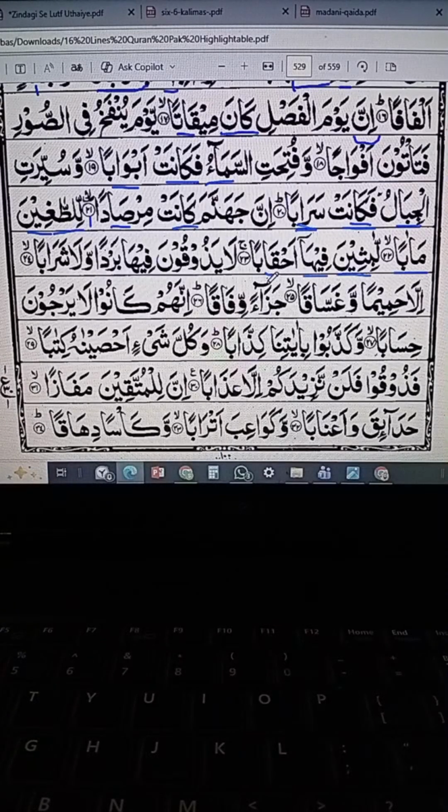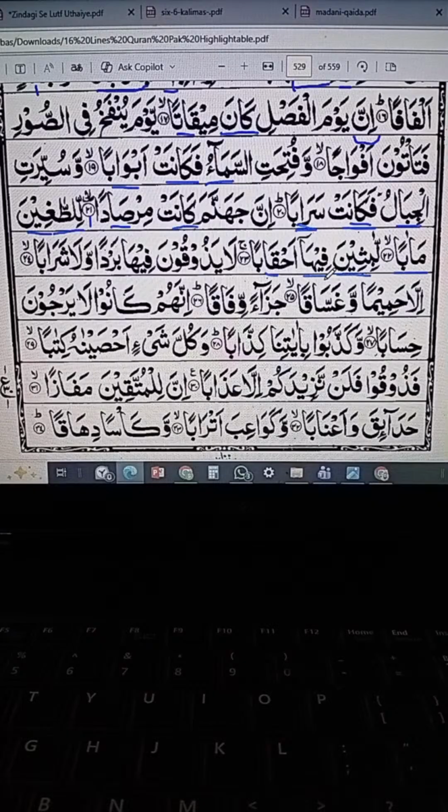So if we stop here, again the alif madda is here. So we will stretch, and we have to read labithina fiha, not labithina, not fiha, ahqaba.